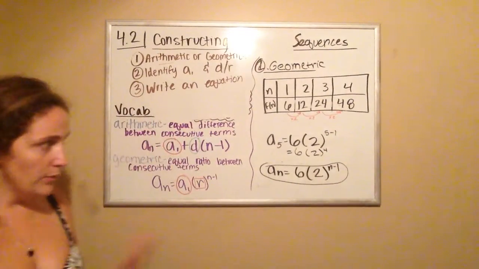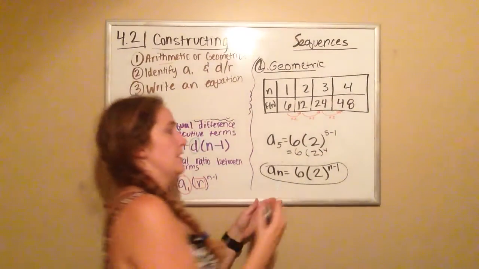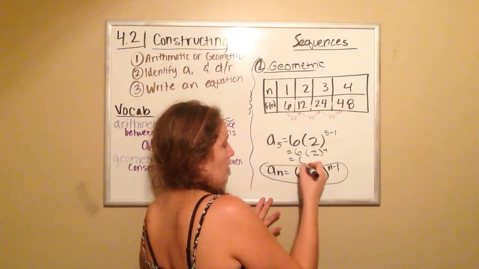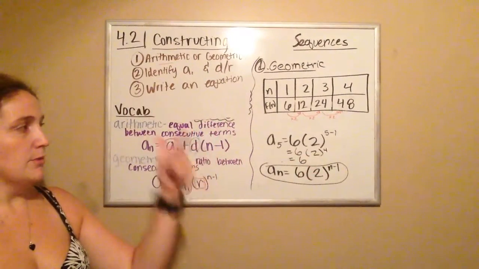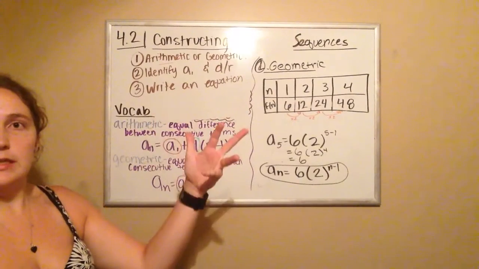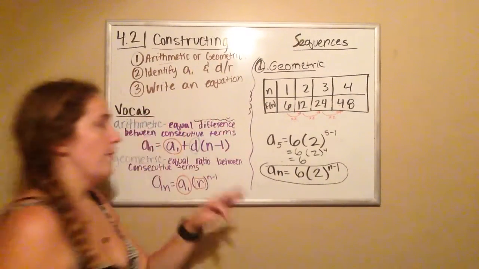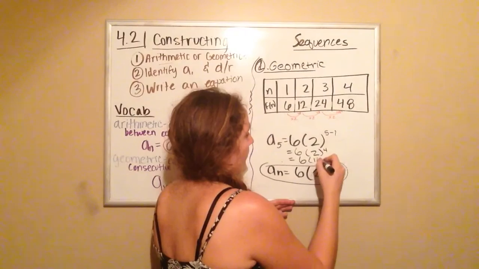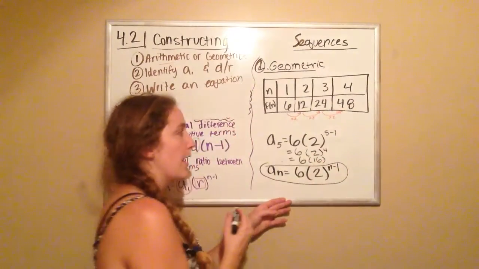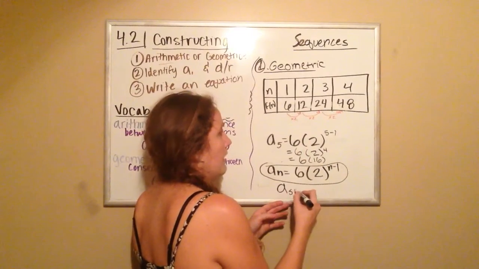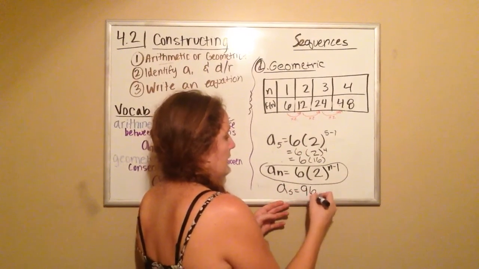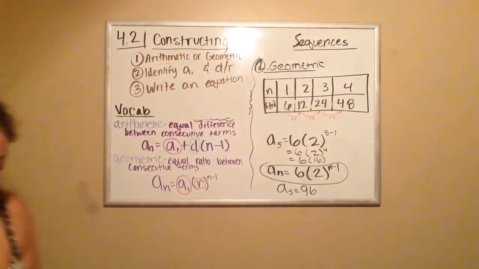Well, we still got to deal with the exponent, so let's go ahead and distribute it in. So 2 to the 4th power, 2 times 2 is 4, times 2 is 8, times 2 is 16. So 2 to the 4th power is 16. Okay, and if we multiply those, we would get that a of 5 is equal to 96. Cool.